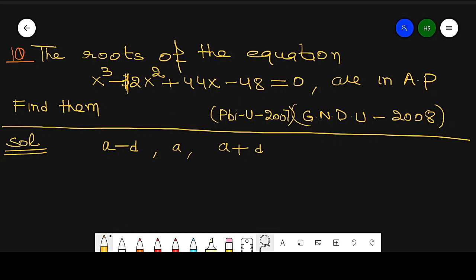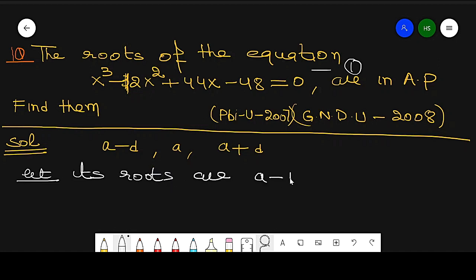Now this is my equation. So what is the sum of roots? Let the given equation be equation number 1, and let its roots, which are in AP, be a minus d, a and a plus d.